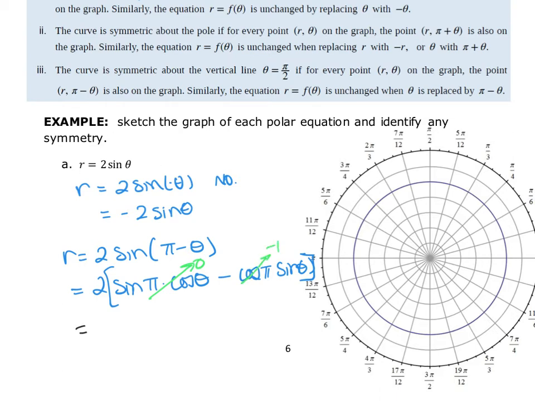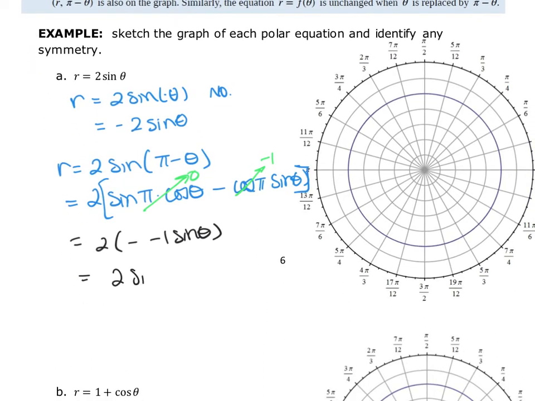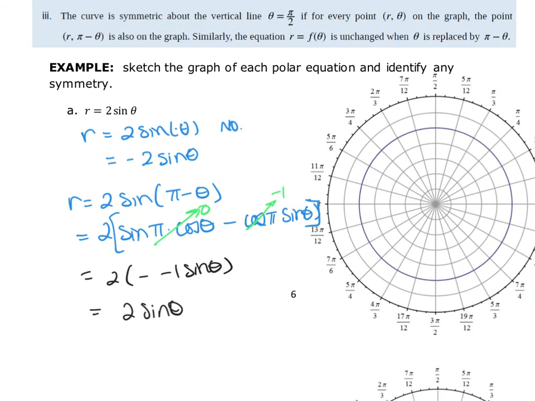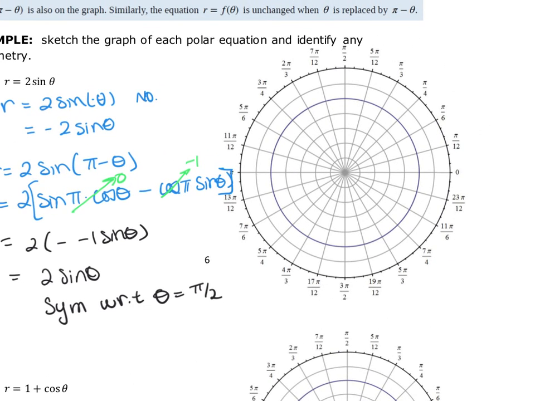So what this ends up becoming is 2 times negative 1 times negative sine theta. So I end up with 2 the sine theta. So I have symmetry with respect to the line, symmetric with respect to theta is equal to pi over 2. What that tells me is whatever's on this side is going to have a match on this side.